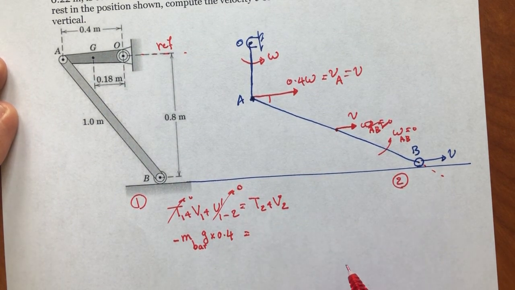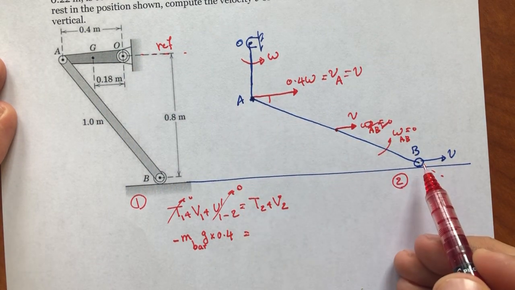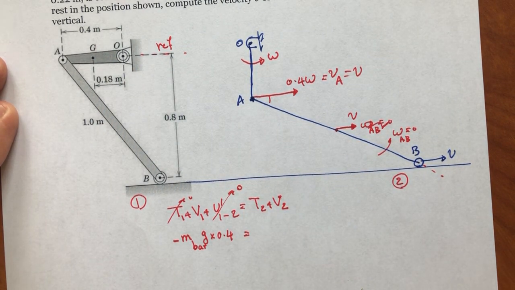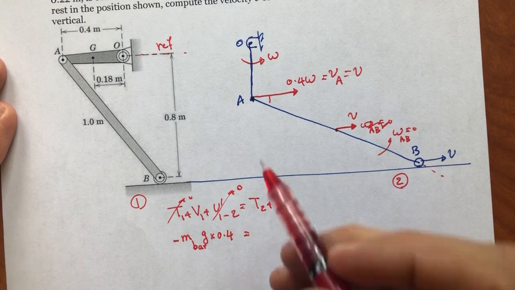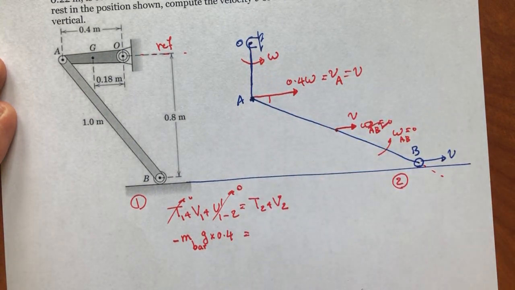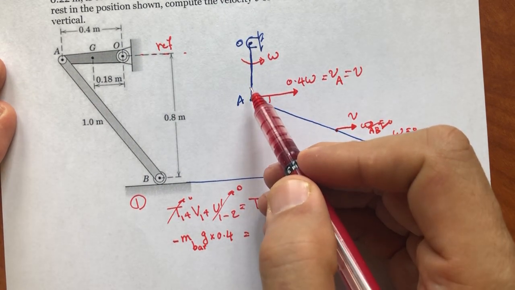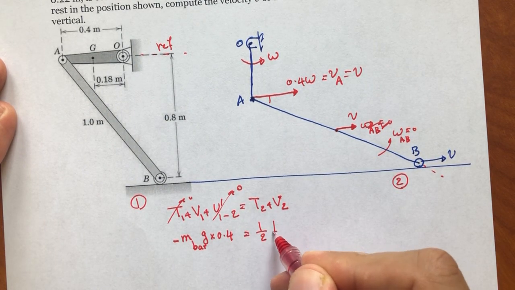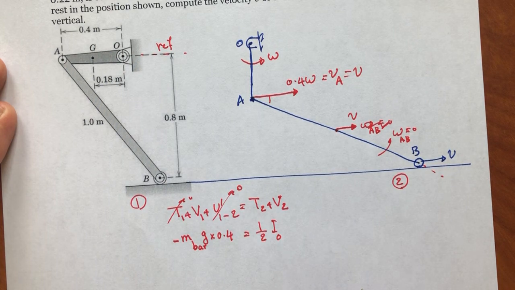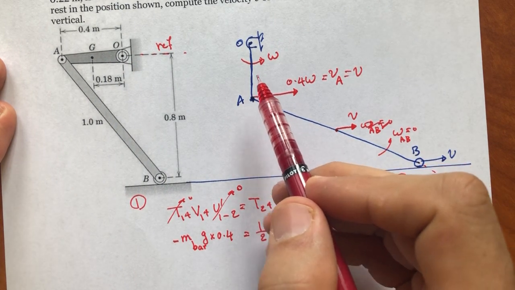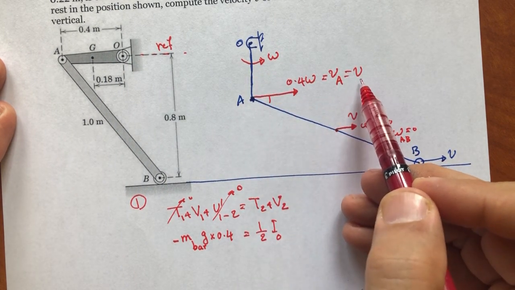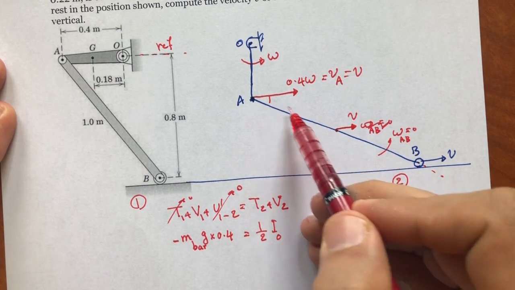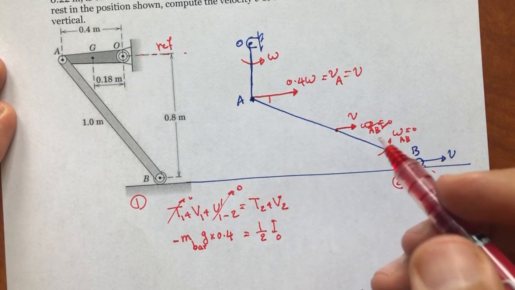It's going to be equal to, we have two bodies, so we need to calculate the kinetic energy of them separately and add them together. Kinetic energy for the crank OA is going to be 1/2 of IO times omega squared of the bar. But what is this omega? I can write it in terms of velocity of B, or velocity of every point on this bar.